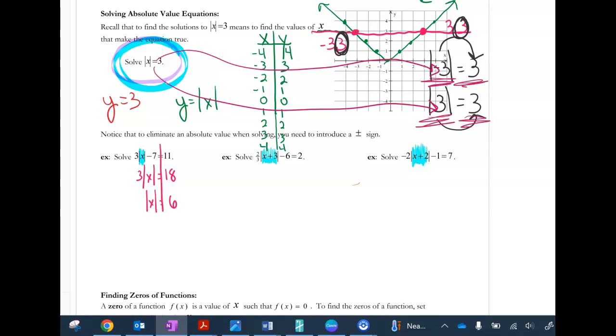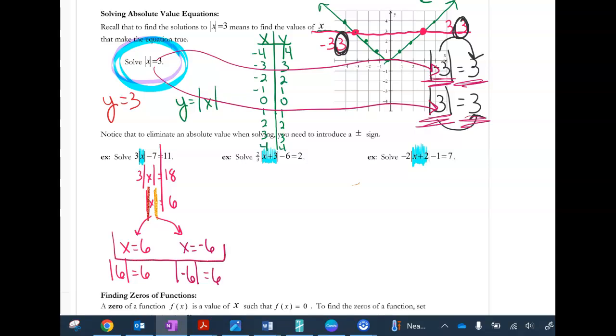So the same thing is happening here. I can take the absolute value of two different numbers to get 6. So one of those can be 6. So if I take the absolute value of 6, I get 6. But then there's always the option that I can take the absolute value of -6, because the absolute value of -6 is also 6.